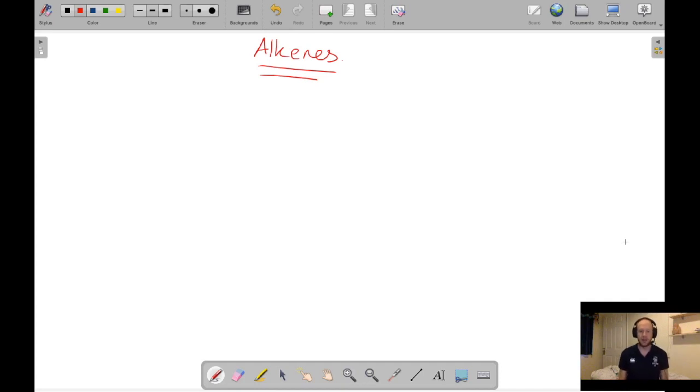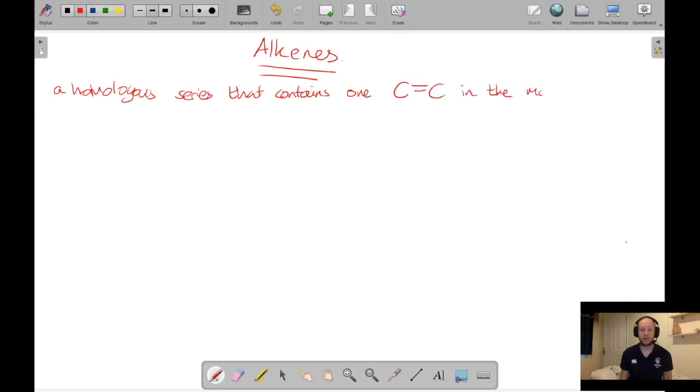Okay, so alkenes are a new homologous series. This is a homologous series that contains one C-C double bond in the molecule.